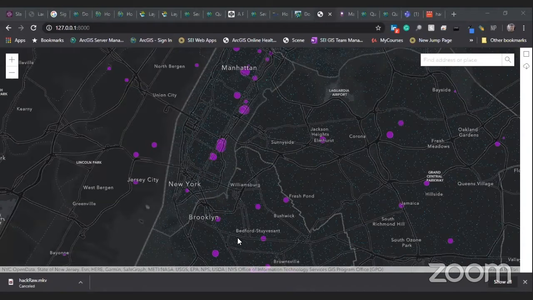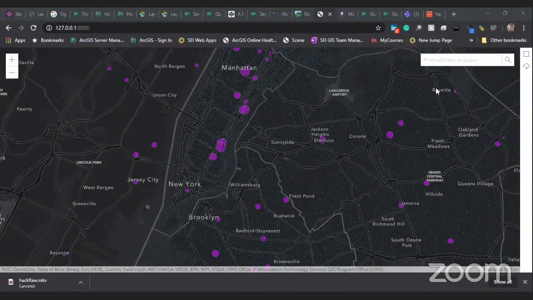This is built on the Django framework and the ArcGIS API for JavaScript. We used ArcGIS Pro to get the data massaged and put it into SQL tables, and we are pulling this from ArcGIS Online. That's what you're seeing served.